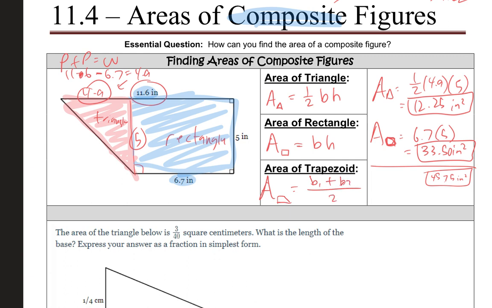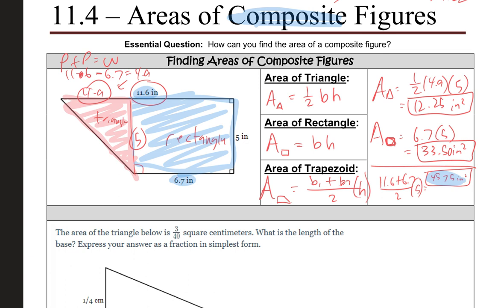So what I could have done is I could have said 11.6 plus 6.7 divided by 2, times the height, because we're doing area, right? So if I did that times 5, that would equal the same thing. Of course we would expect it to equal the same thing, because that's what we love about math. So either way, that's how we can break down any shape.